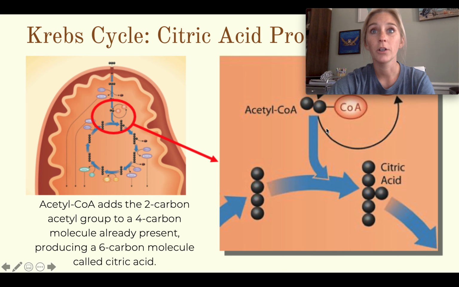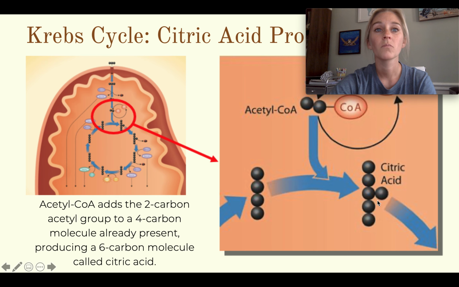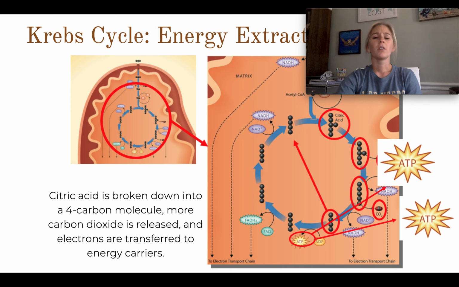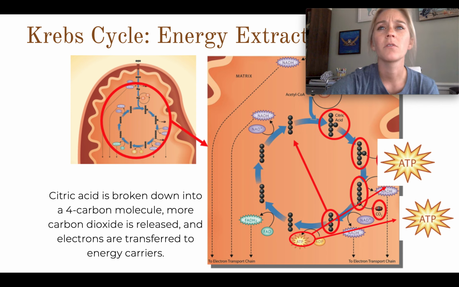Acetyl-CoA here is going to combine with a 4 carbon compound in the Krebs cycle and produce citric acid. We're going to follow the 6 carbon atoms through the cycle.